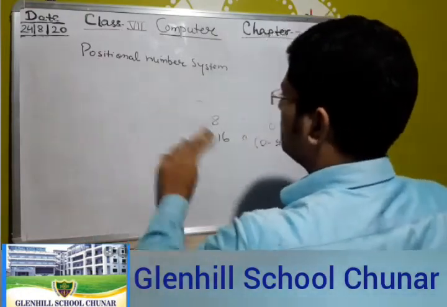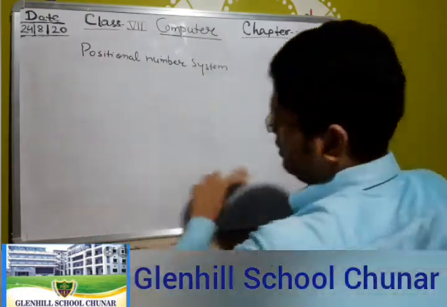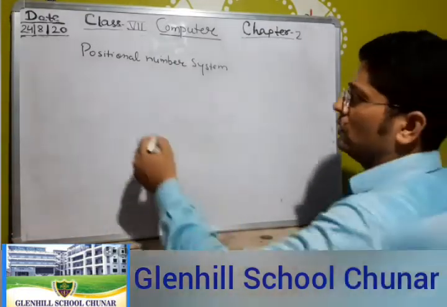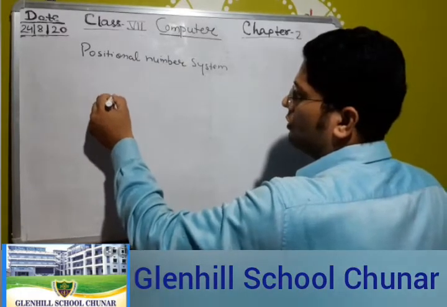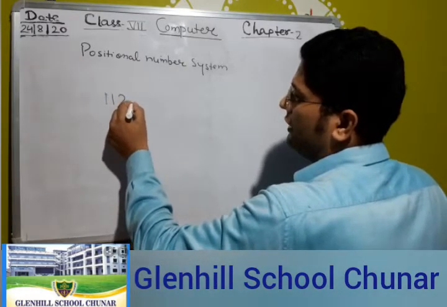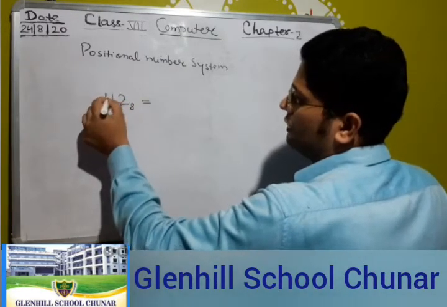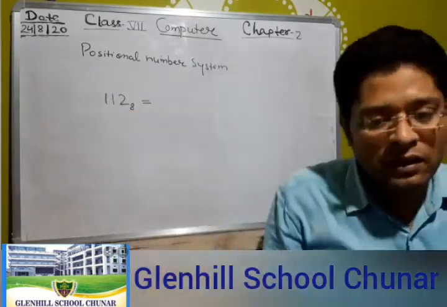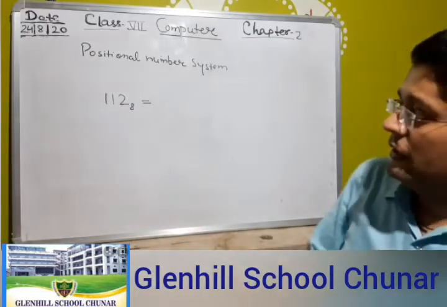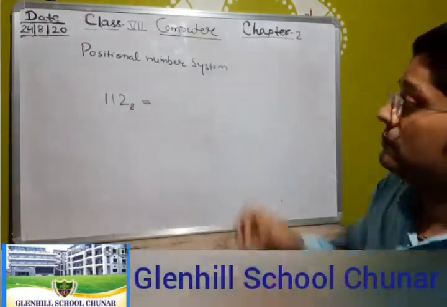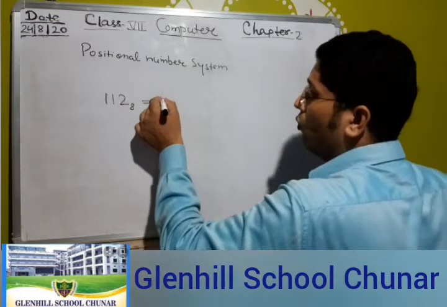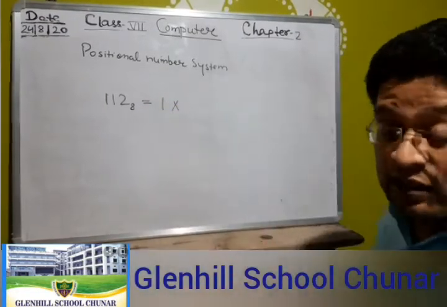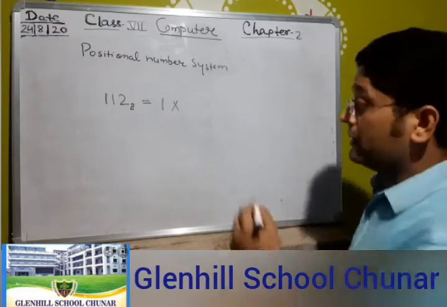Suppose we take the number 112, with a subscript sign meaning this is an octal number. The process is to convert it to a decimal number. The base is 8, so we multiply by 8.